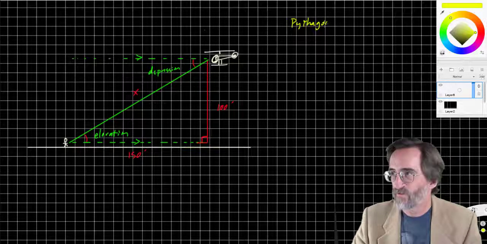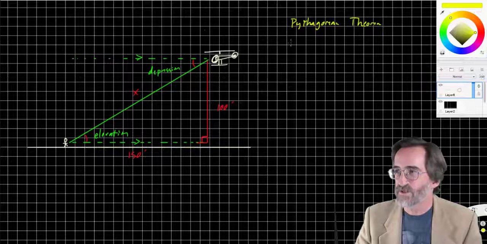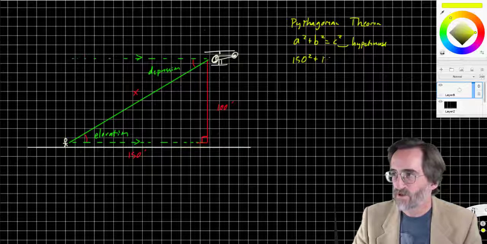Pythagorean Theorem. In that case, I need to know the third side. So I'm going to use a squared plus b squared equals c squared, remembering that c must be the diagonal, the hypotenuse. So a squared is 150 squared, b squared is 100 squared, c squared is x squared.